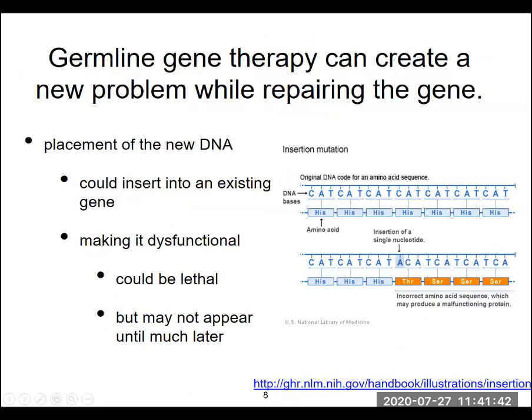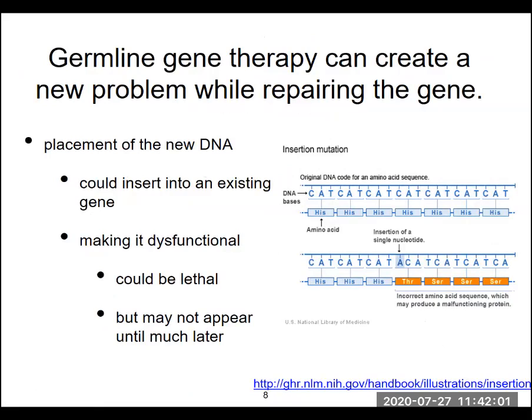Now, germline gene therapy, though, is this idea that we're going to take our corrected DNA, what we're referring to as new DNA over here, and insert it into that fertilized egg in a way that's going to be incorporated into the cell's nucleus, into the chromosome, and be expressed in all of the cells within the body.